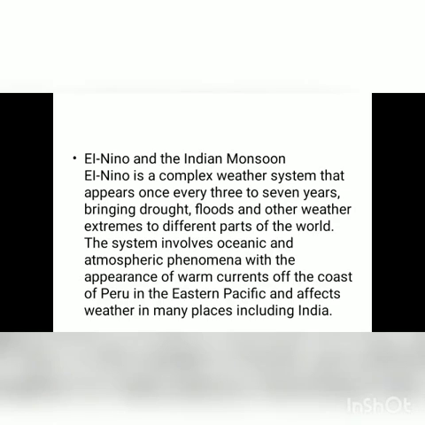The system involves oceanic and atmospheric phenomena with the appearance of warm currents off the coast of Peru in the eastern Pacific and affects weather in many places, including India.